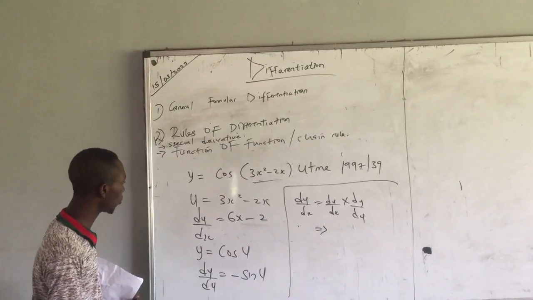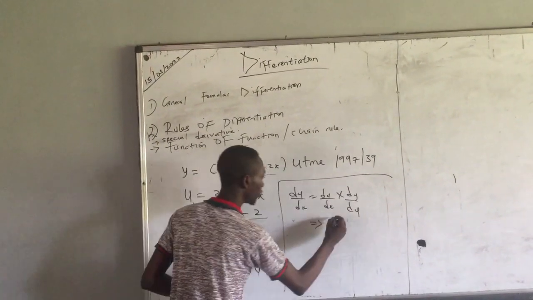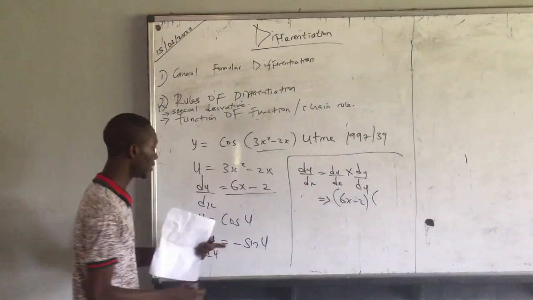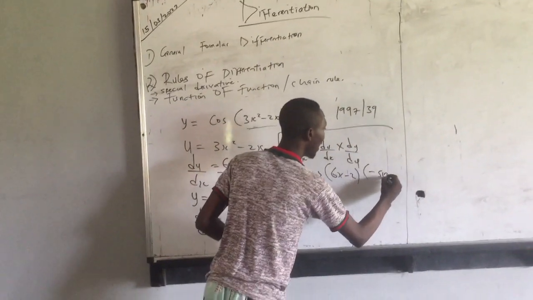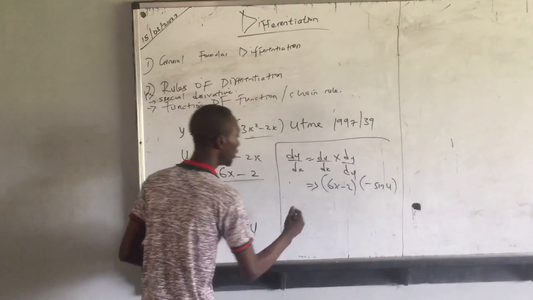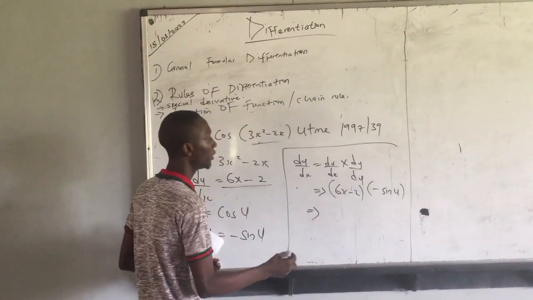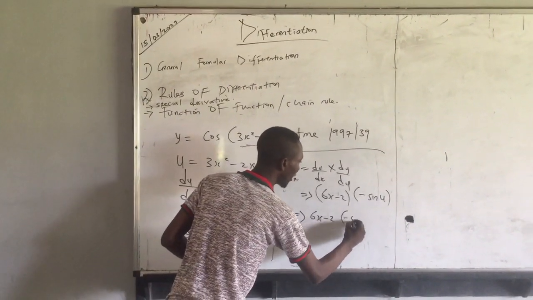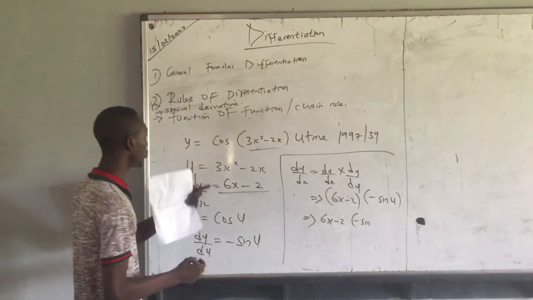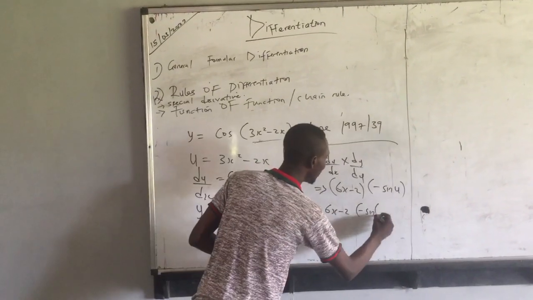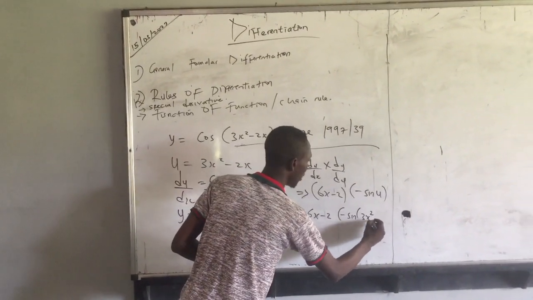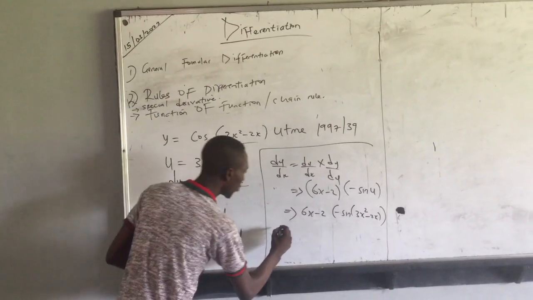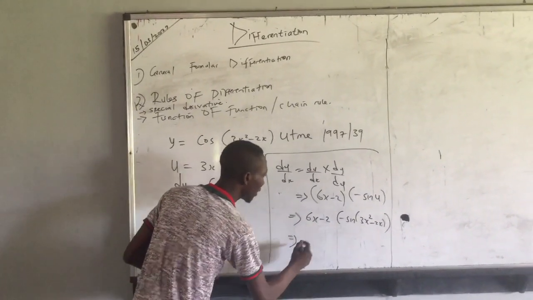Now very simple. The du/dx is 6x minus 2. Now the dy/du is minus sine u. So this becomes 6x minus 2 open bracket minus sine. Now what is our u? Our u is 3x squared minus 2x in brackets. Now we can write everything in this manner.